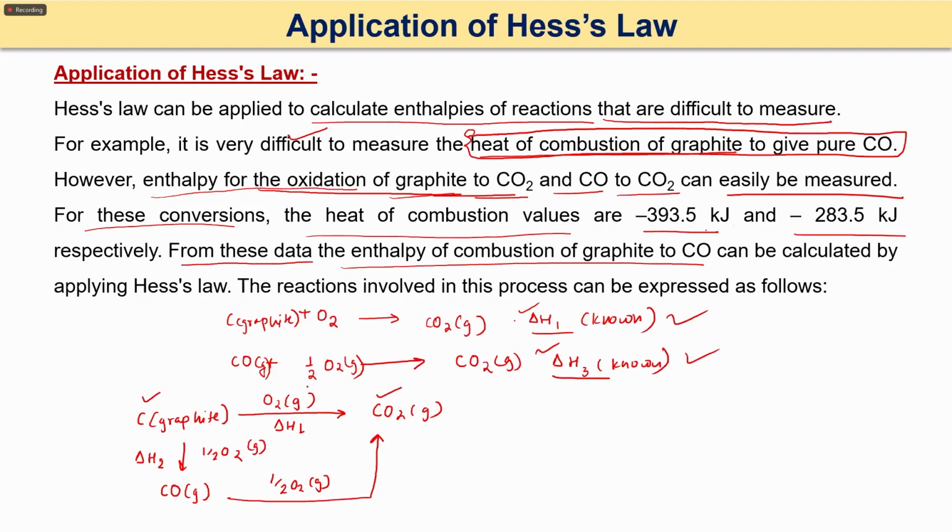Here it occurs in a single step and here it goes through two steps. So the enthalpy for this reaction is delta H1, and the enthalpy for the other path is delta H2 plus delta H3. This is Hess's law.